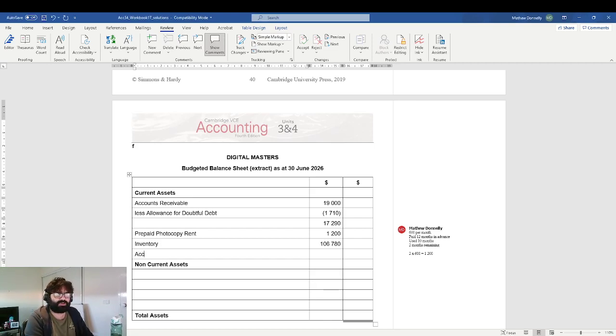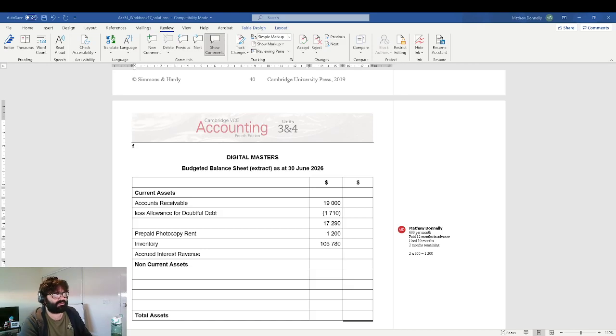So that's an asset, accrued interest revenue. Because they've earned it, they haven't received it. So that's an asset, because it's a benefit we get later.